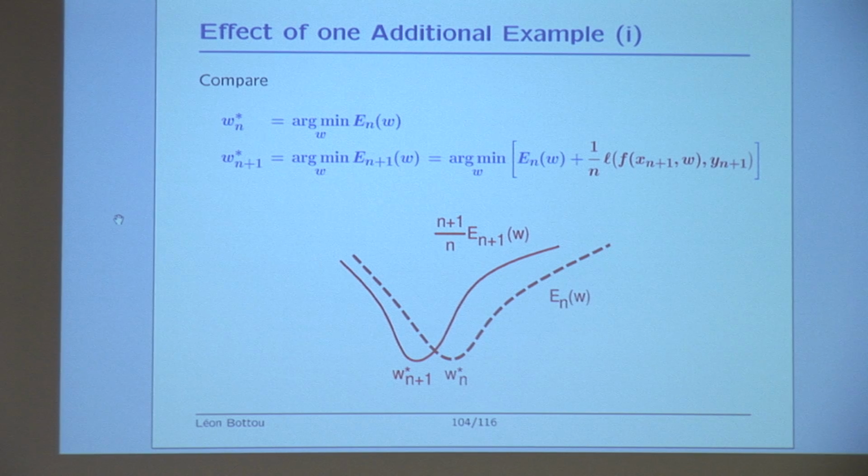OK, fine. This is actually n plus 1 over n times E n plus 1. That's fine. So the basic idea is that I'm making a small perturbation of my error. So I'm moving my cost function by a little bit. And therefore, the W star is going to move by a little bit. And the question is how much?